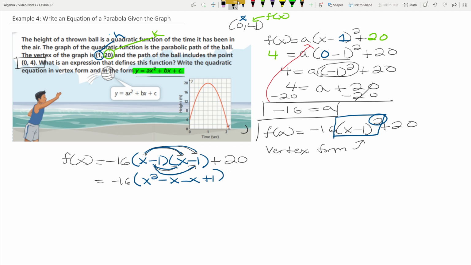And then, of course, bring down the plus 20. Now we're going to combine these like terms, and that'll give us negative 2x. So we have x squared, and that part right there, let me do this in green, is going to be negative 2x. So minus 2x, and then plus 1 plus 20.